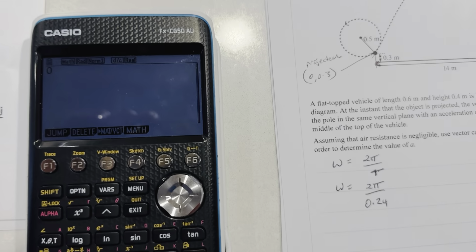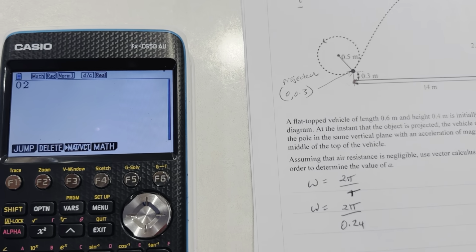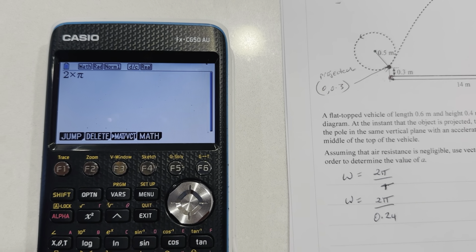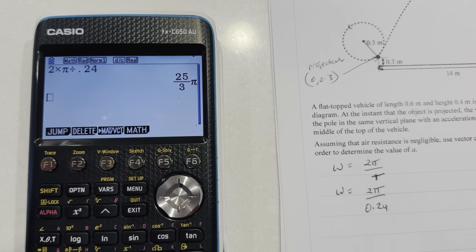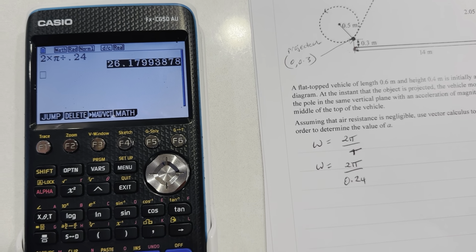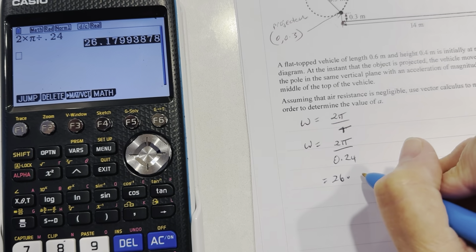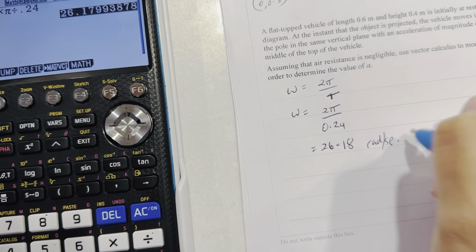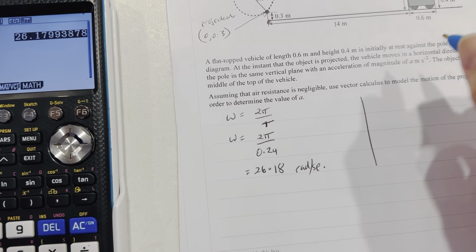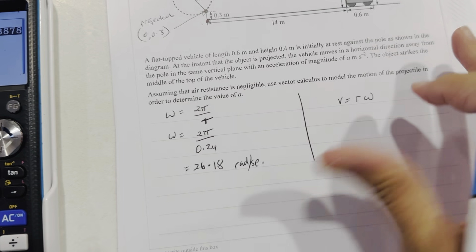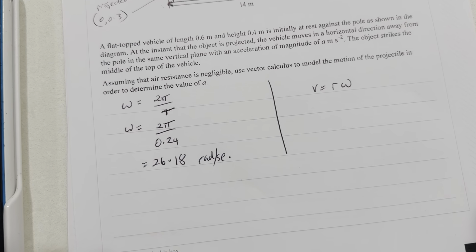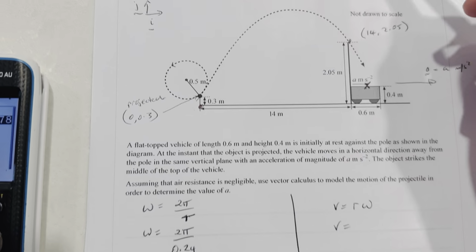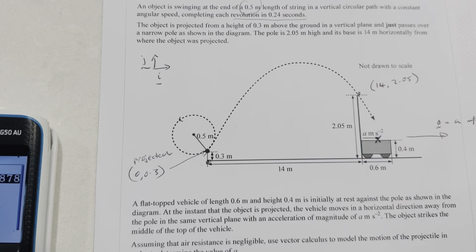Let me just do that on my calculator. 2 times pi divided by 0.24. Let's work in decimals. That gives me 26.18 radians per second. Now we know v equals r omega. Is that one on the rule sheet? I can't remember off the top of my head. Now, what is the radius of our circle? Our radius is 0.5.